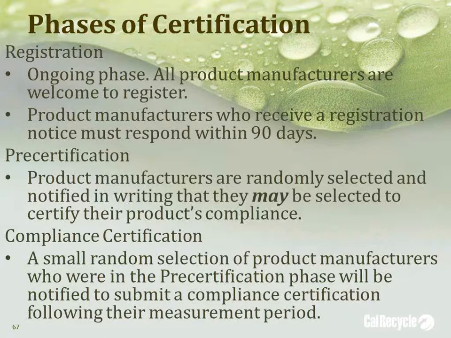In the compliance certification phase, a small random selection of product manufacturers who were in the pre-certification phase of the prior year will be notified to submit a compliance certification following the specific measurement period outlined within the compliance certification notification.